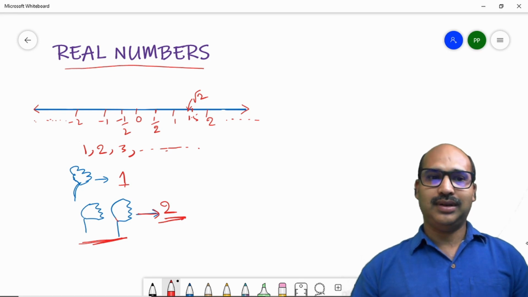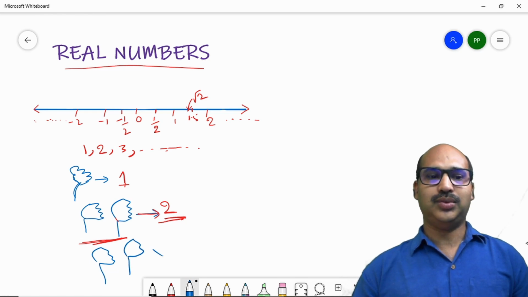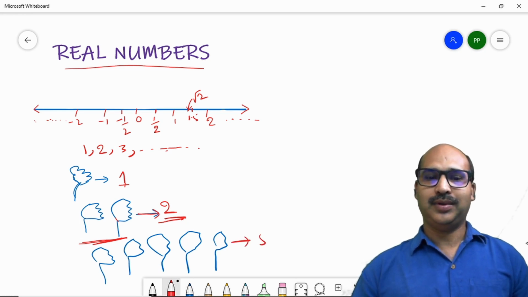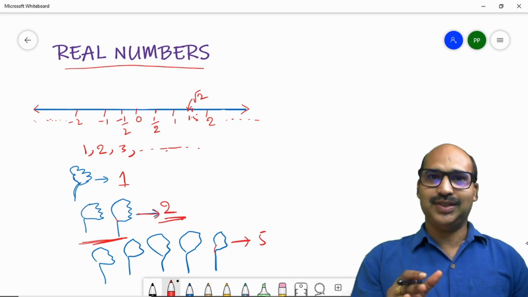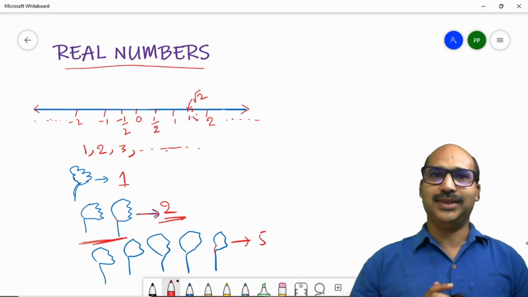And for example, you can consider 5 flowers are there. 1, 2, 3, 4, 5. Now this is mapped to 5. So for example, if we don't know the number system, let us assume now we are trying to invent the number system.